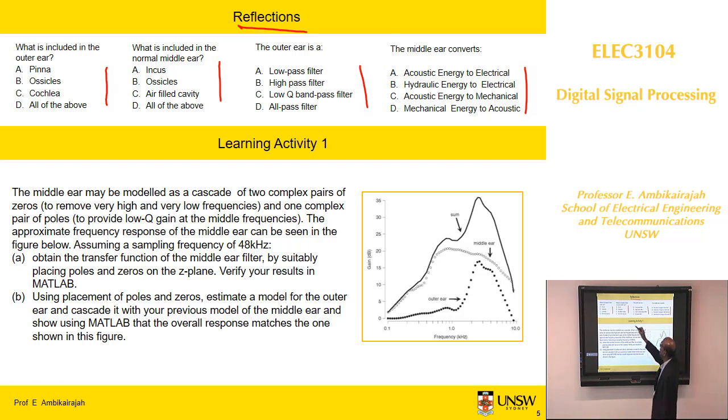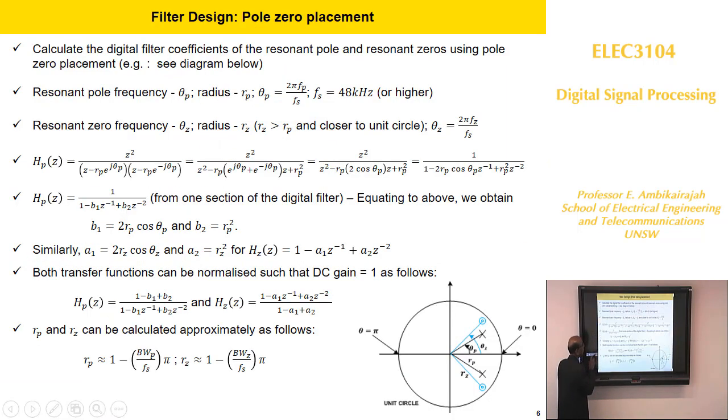And here's the learning activity. This learning activity is the implementation of these middle ear filters as well as the outer ear filters. You can use MATLAB to implement this. I think the implementation on the next page should show it. You can implement them using pole zero placement. I've given all the equations for you, and you can use them to implement.